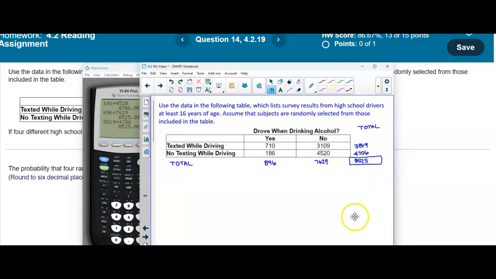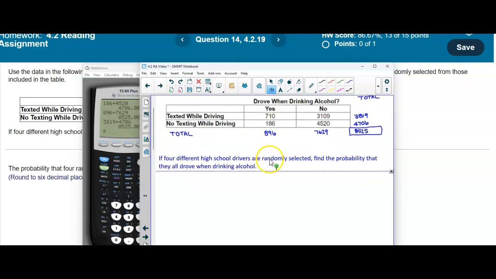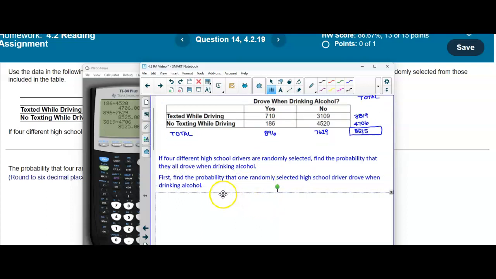Now let's go back to our question. It says if 4 different high school drivers are randomly selected, find the probability that they all drove when drinking alcohol. Well, it says drove when drinking alcohol. The answer is yes. And what is the total of that entire column? Well, we have 896. So, again, find the probability that one randomly selected high school driver drove when drinking alcohol.